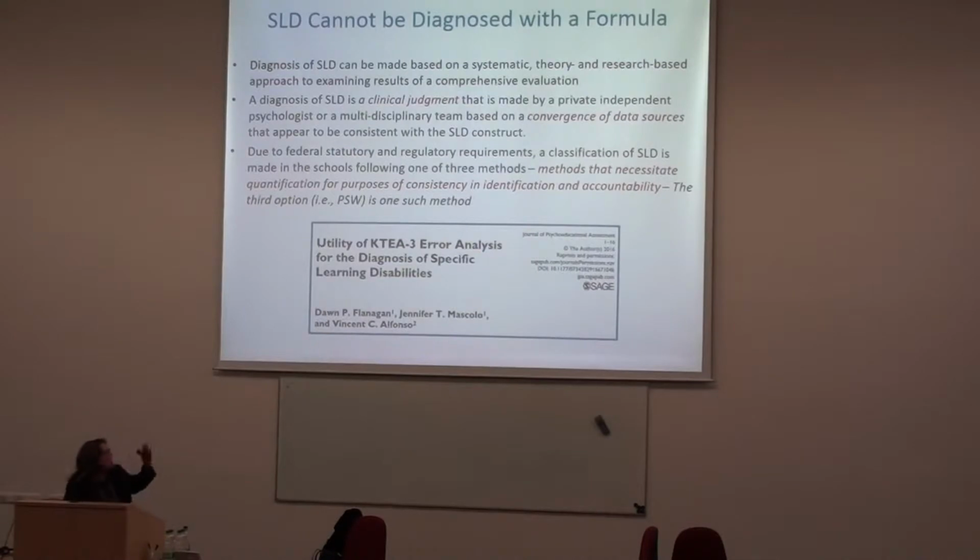This particular slide is basically just a warning about PSW. It involves looking at score differences as well, but we don't want to strictly follow formulas to make a diagnosis.